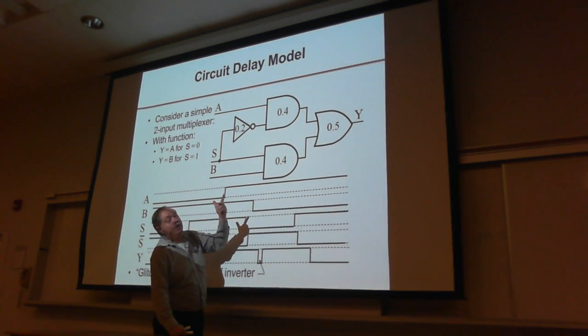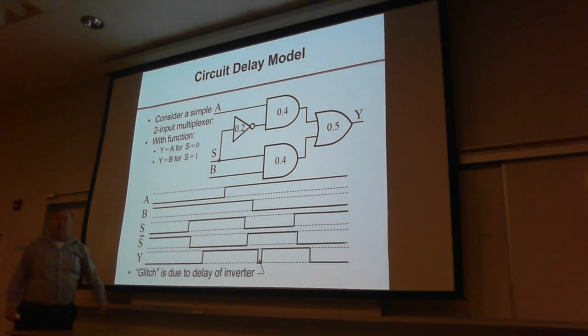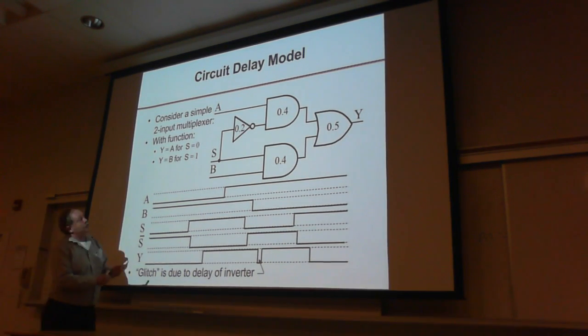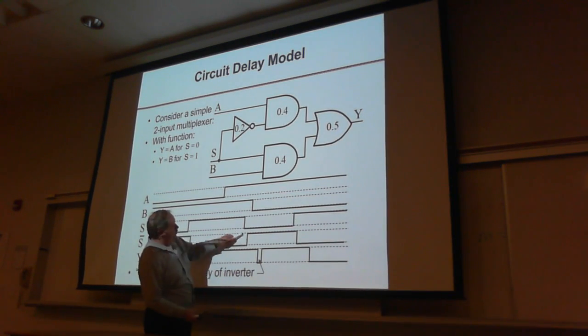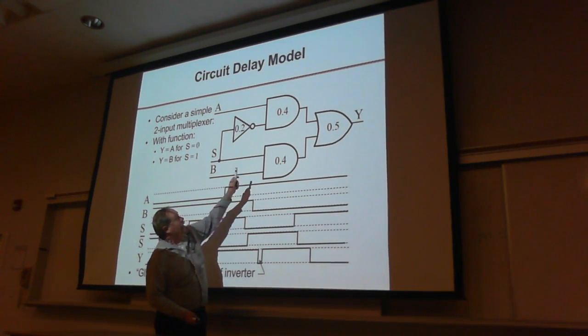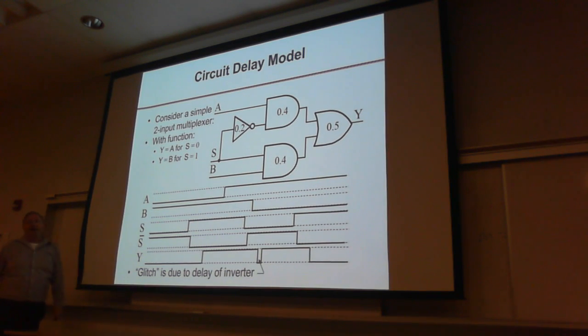Now, it wouldn't change the value of Y. What it's saying is that it takes this circuit 0.2 units of time delay to determine whether A or B was the correct output. Because this is the one case where I've got the delay where I can have them both be true and the output of Y isn't going to be able to be differentiated by A or B.